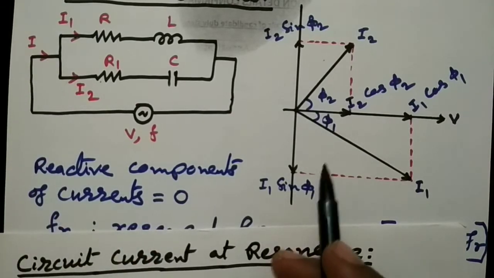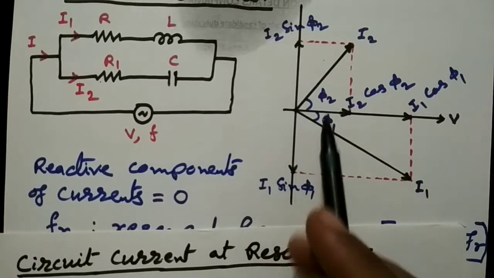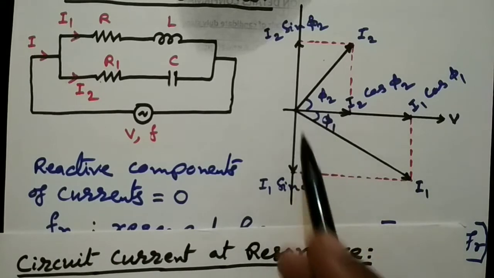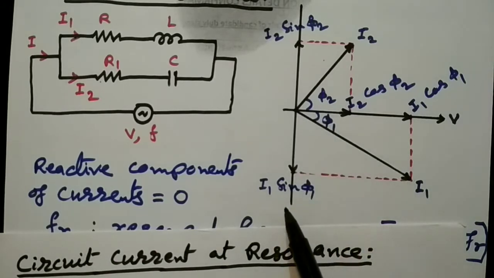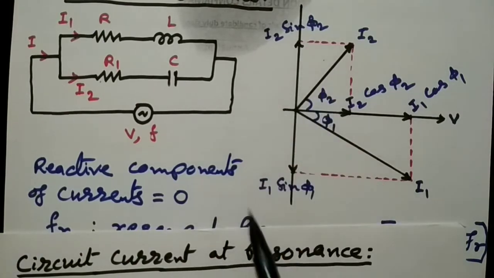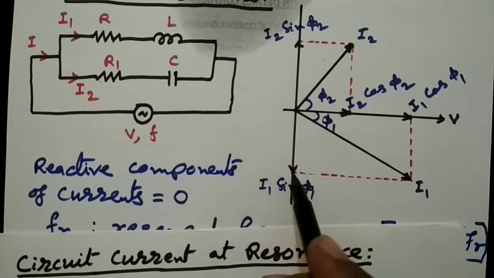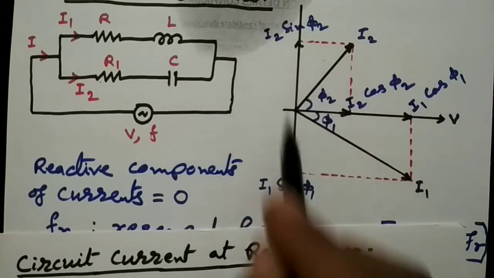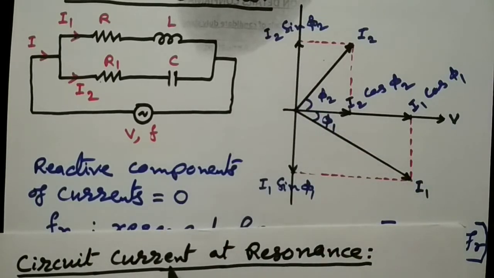From the phasor diagram, we have seen that I1 and I2 can be resolved into two components. One is the active component and another is the reactive component. So the resonance will occur when I1 sin phi 1 is equal to I2 sin phi 2. And in that case, these two parts will cancel each other. So the net reactive component of the circuit will become 0.